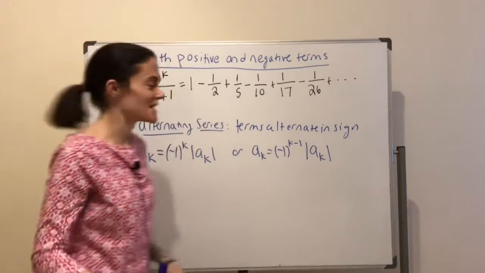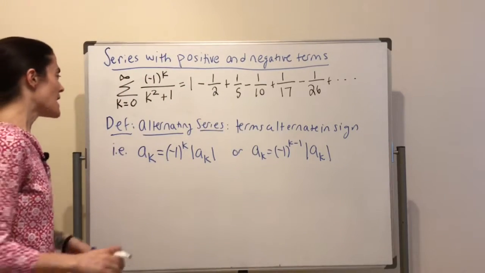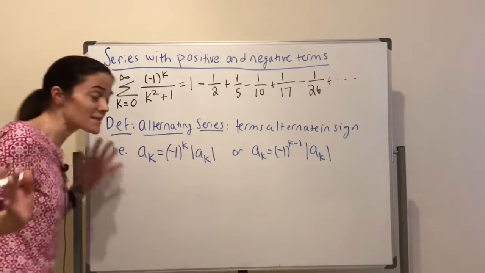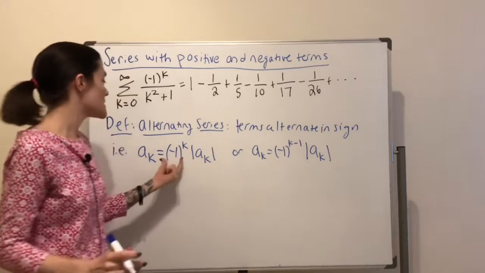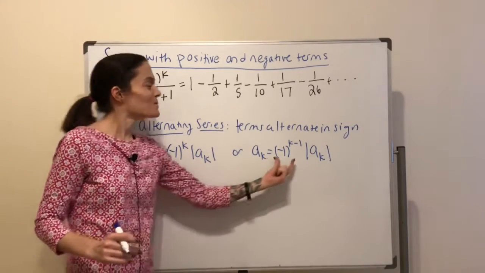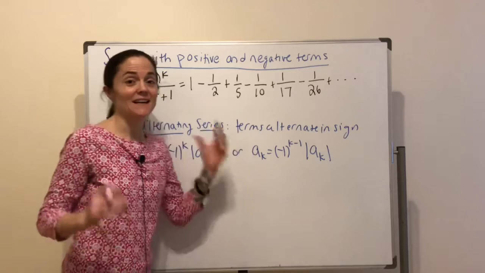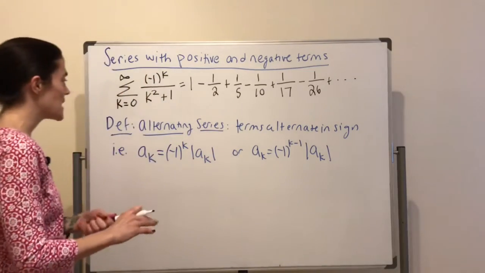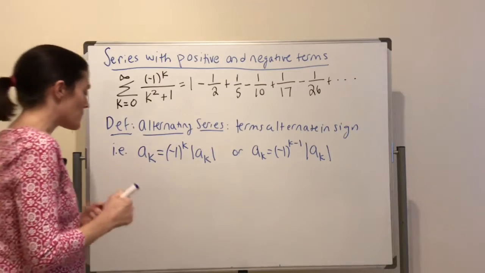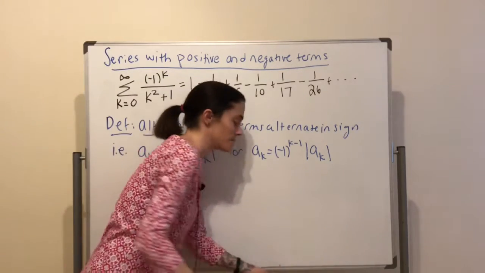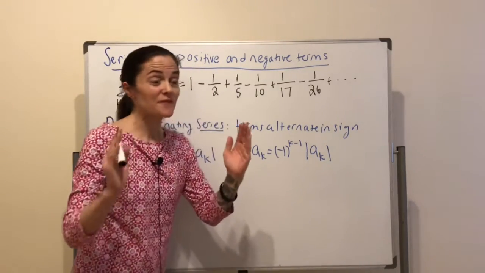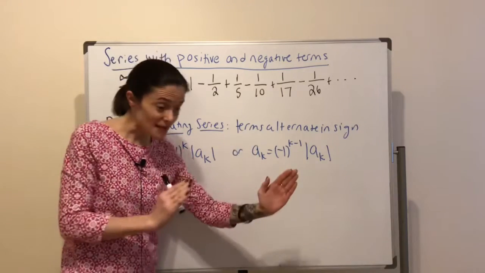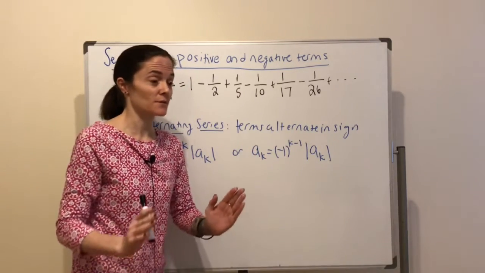This is an alternating series. Okay? So many of the series we will see have a minus 1 to the k or a minus 1 to the k minus 1 times something that is non-negative, for example.